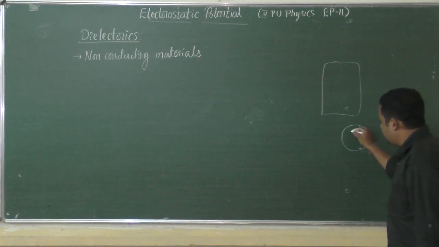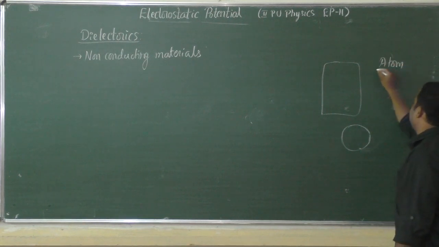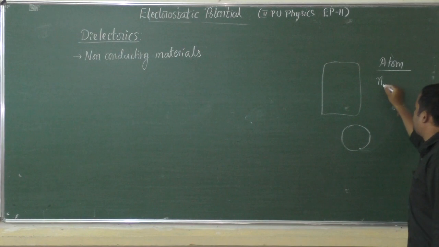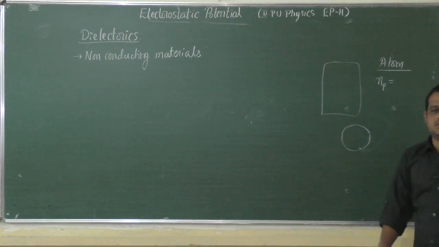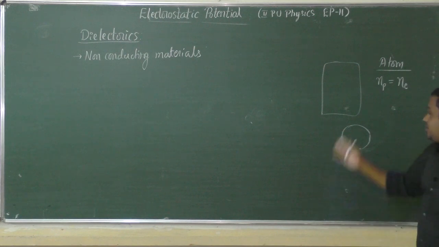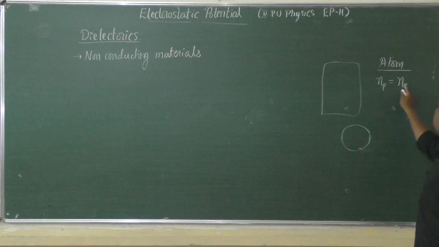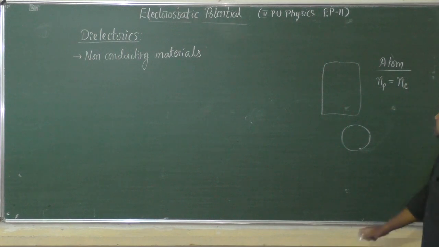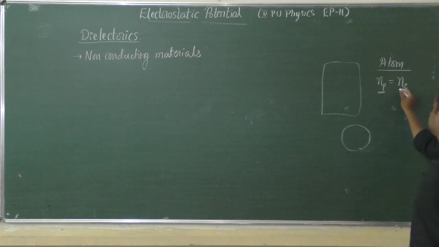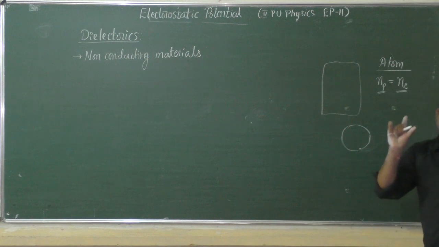If you consider an atom, the number of protons present inside the nucleus is equal to the number of electrons revolving around the nucleus. You have studied this concept in the atoms chapter, right? So the number of protons is equal to the number of electrons. That means the total positive charge carried by an atom is equal to the total negative charge carried by the atom. So the atom is electrically neutral.